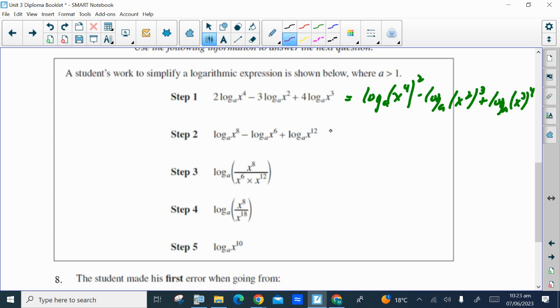So to go from step 2 to step 3, what we've always done is we've collected the positive and the negative terms together.